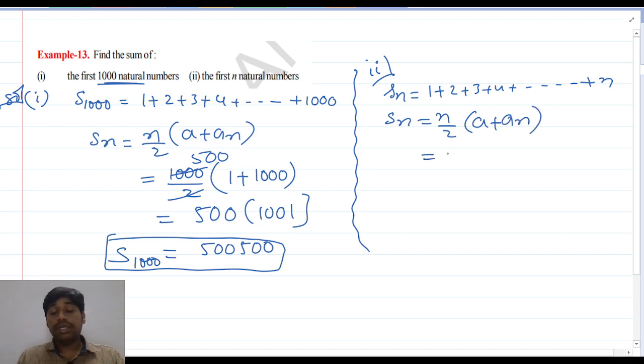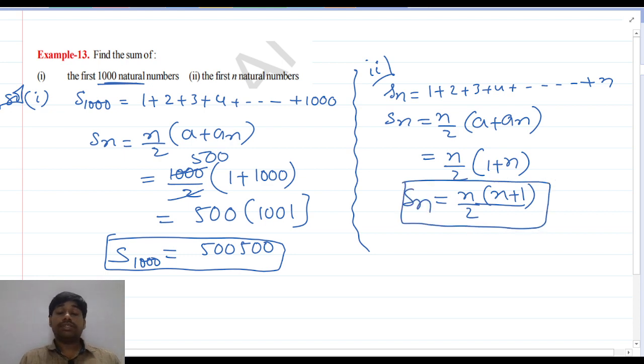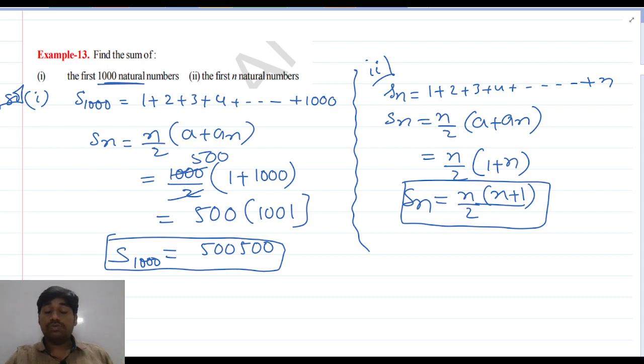Here n is the number of terms, first term 1, last term n. Write in order: n by 2 of (n plus 1). So simply use this formula for finding the sum of the first n natural numbers, that is Sn is equal to n by 2 of (n plus 1). Okay, next question.